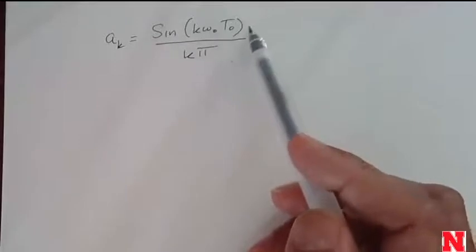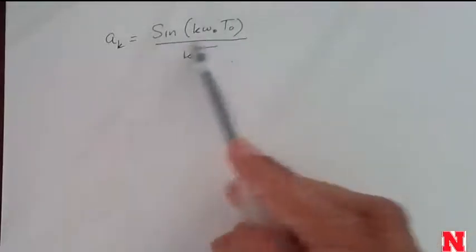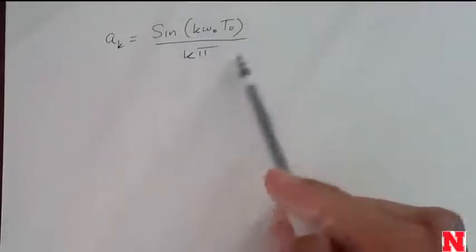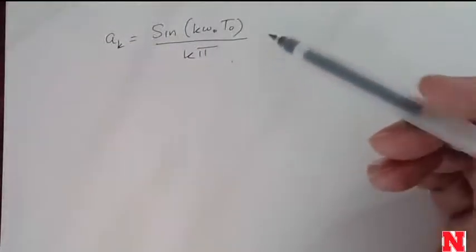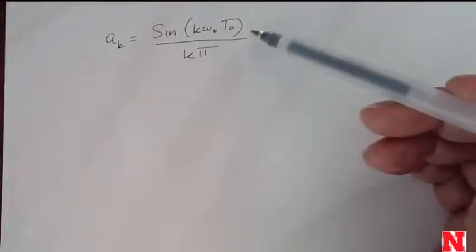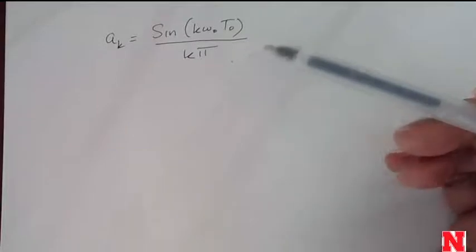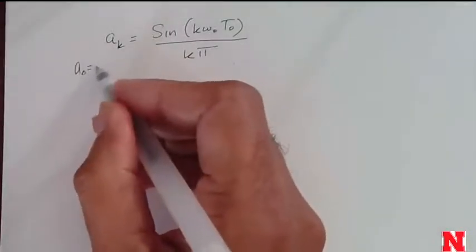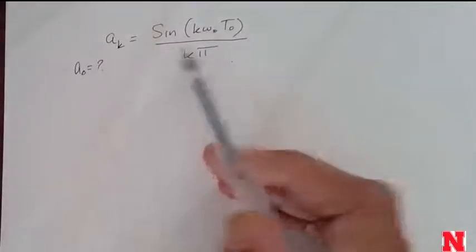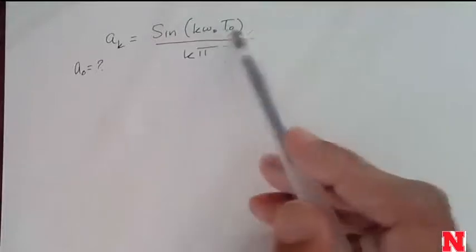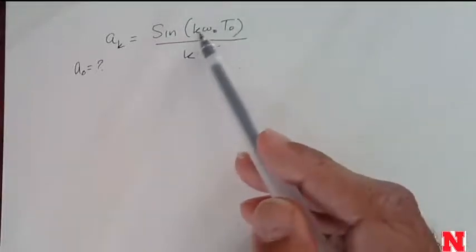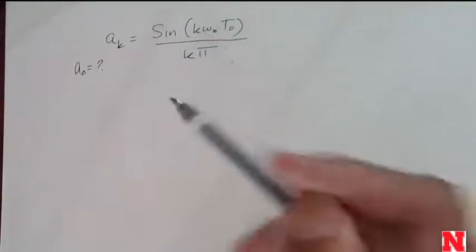So in order to use L'Hopital's rule, the way you do that is you take the derivative of the numerator and you take the derivative of the denominator, and then you evaluate it at whatever value it is that was giving you problems before. And you can always only use that when you have this 0 over 0 form, right? So what we're trying to do is find what a0 is in this case. And so if I take the derivative of the numerator, the derivative of a sine is a cosine, and I'm taking the derivative with respect to k.